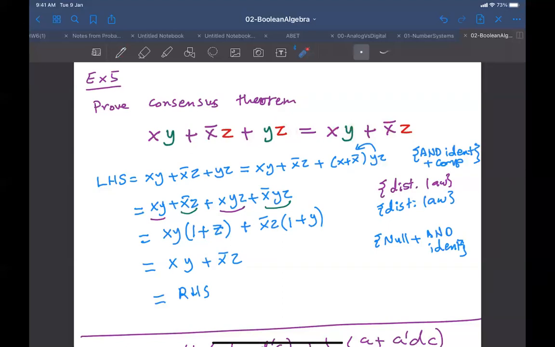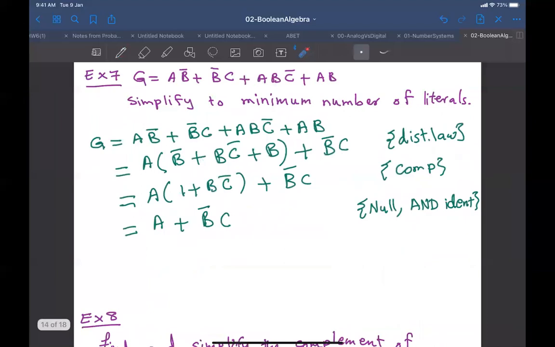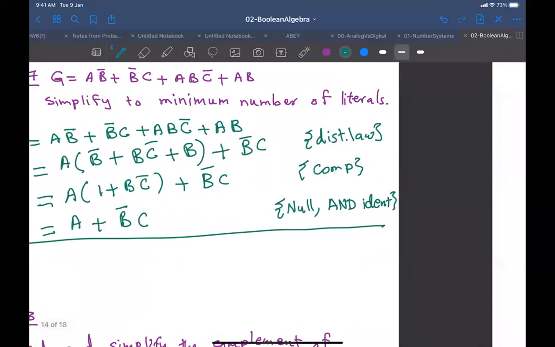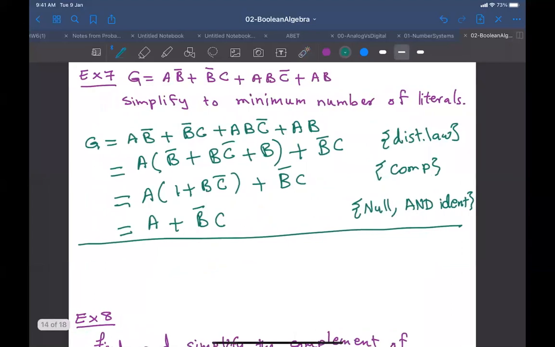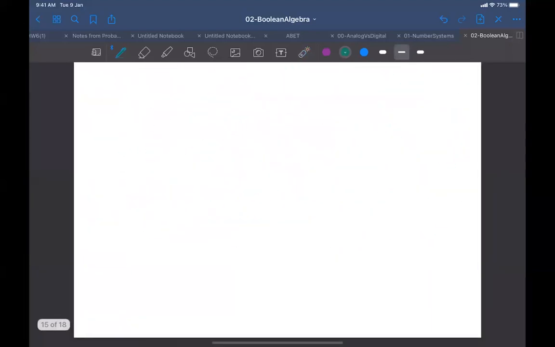Let me give you an example. Now in this problem here, we can also use the consensus theorem. For example, let me ask you this. What is the consensus of AB, the first term, and the last term?